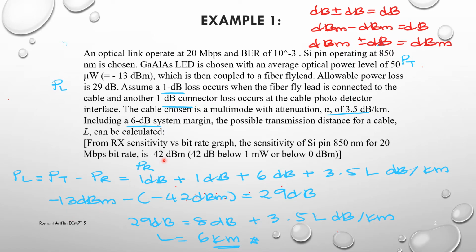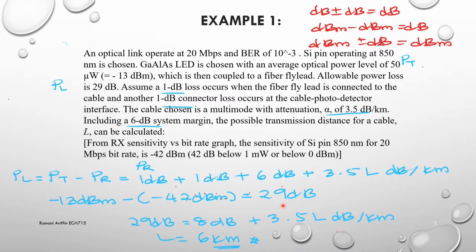Our power received is the receiver sensitivity, which is negative 42 dBm. If you calculate dBm minus dBm, you will get dB. That's how you get 29 dB. So power transmit minus power received is equal to the total loss, the allowable loss, which is 29 dB.